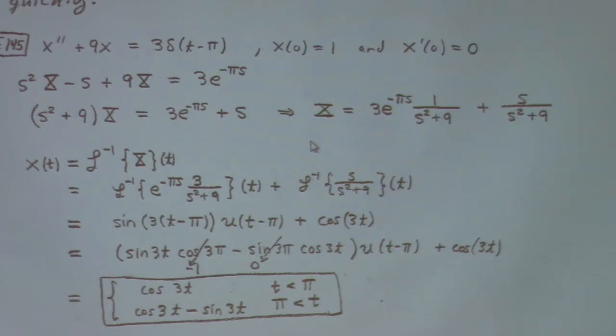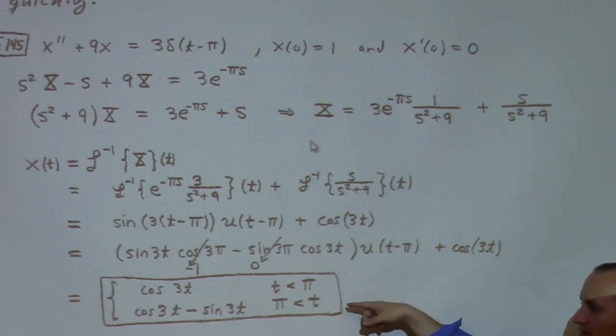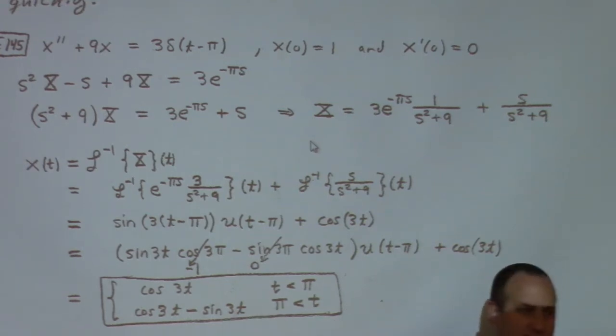Anyway, you do the homework, you'll be fine. So there it is. Before pi, it's cosine 3t, and then at time pi, you pick up this other term in response to the hammer hitting it. And as you can see, is there a discontinuity? I guess at pi that's 0, so it's still continuous.